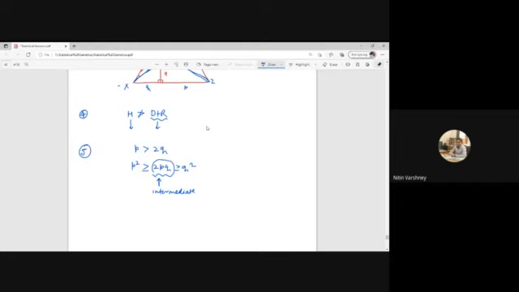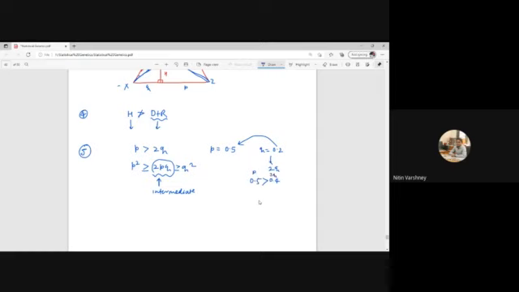I am taking arbitrarily, suppose P is equal to 0.5 and Q is equal to 0.2, for example. If I take 2Q, this is 0.4, and 0.5 is greater than 0.4. So this is P greater than 2Q.